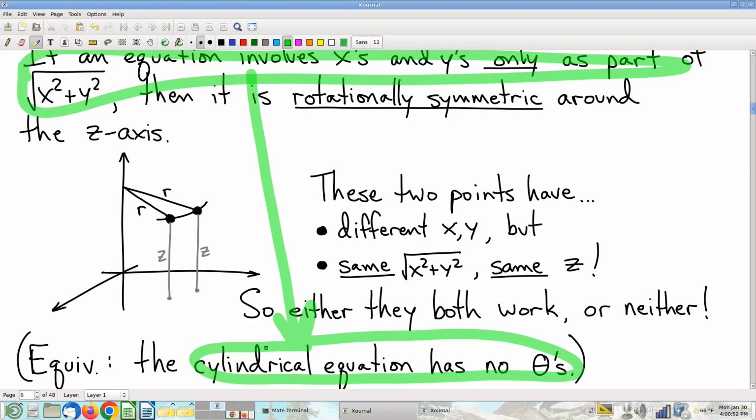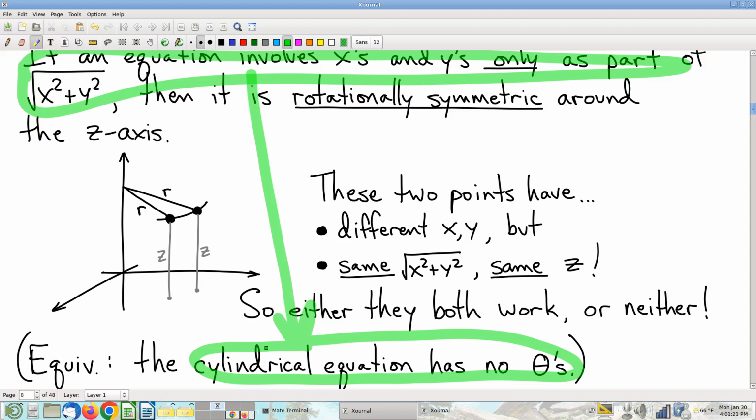So if you have x's in your equation, you kind of expect some thetas to show up. Ditto y. But if those x's and y's are only part of this form, and this form is r, then the only x and y's that exist are going to be x's and y's that simply give you r. So there's no way for the thetas to show up at all in the equation.